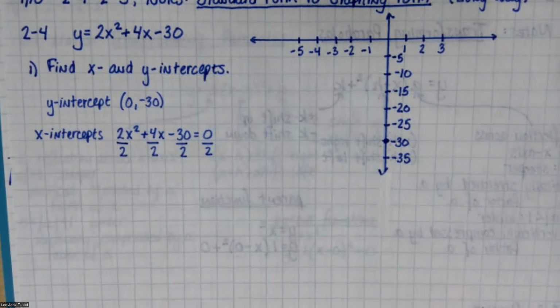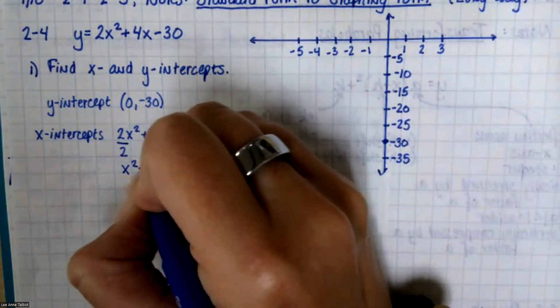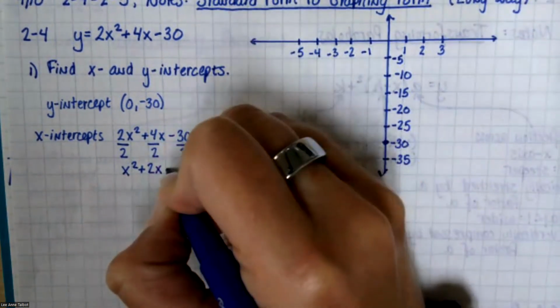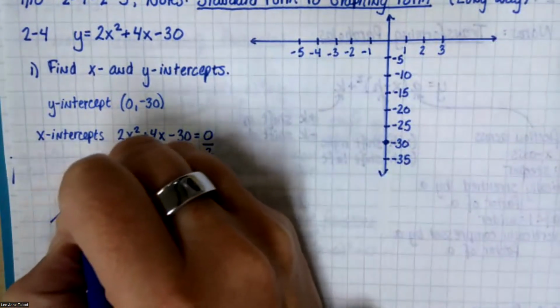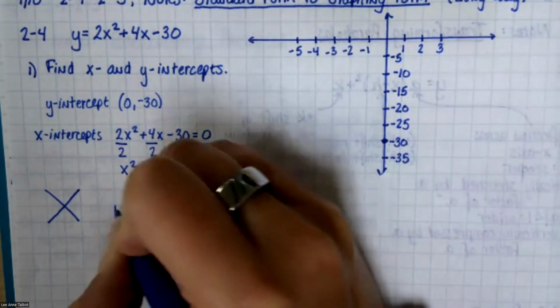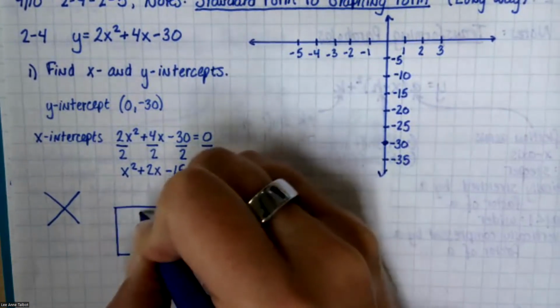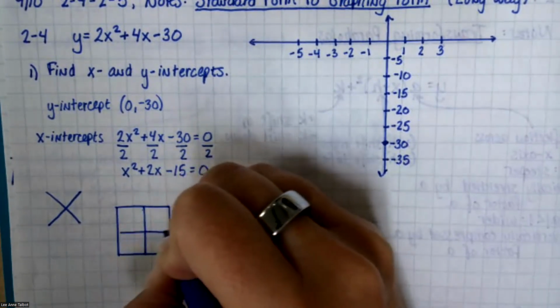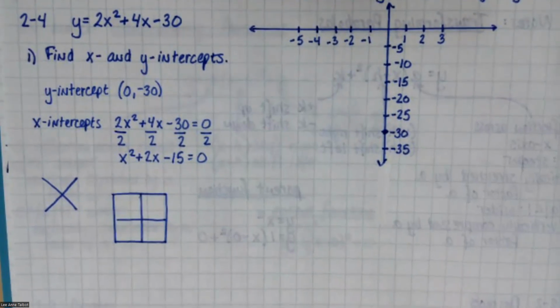I can't divide if it's not an equation. So x squared plus 2x minus 15 equals 0. You see where this is going? Okay. I just got verbal confirmation that you see where this is going.